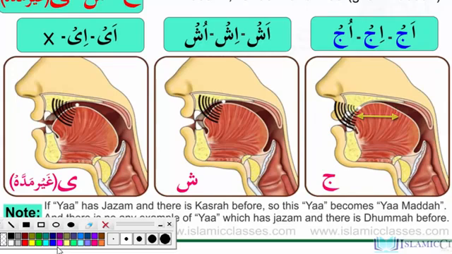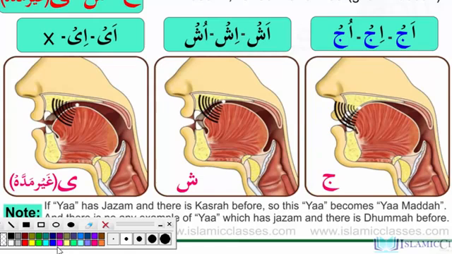Okay, when we touch the middle part of the tongue on the middle part of the roof, the middle palate, to the opposite side, then we pronounce these 3 letters. The first is jeem, second is sheen, and the third is ya ghair maddha.